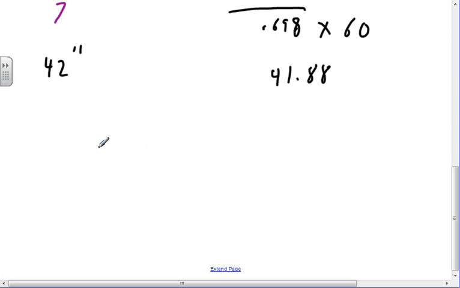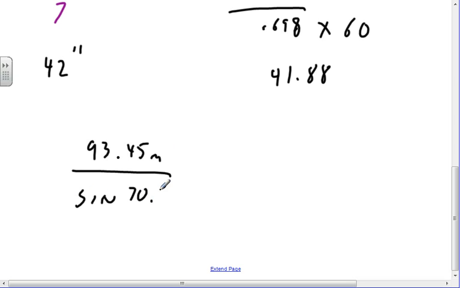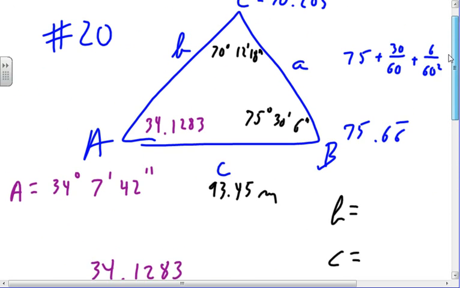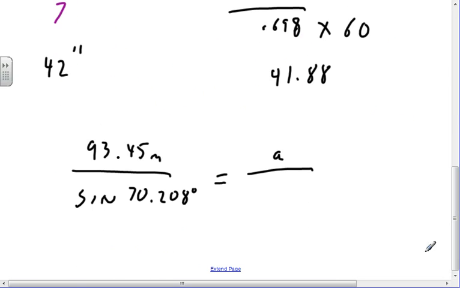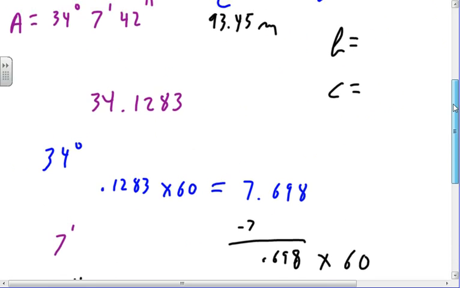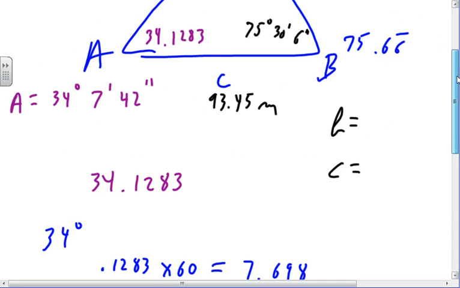All right, so I've got 93.45 meters divided by the sine of 70.208 is equal to little a divided by, was it 205, the sine of A, and A was 34.1283.